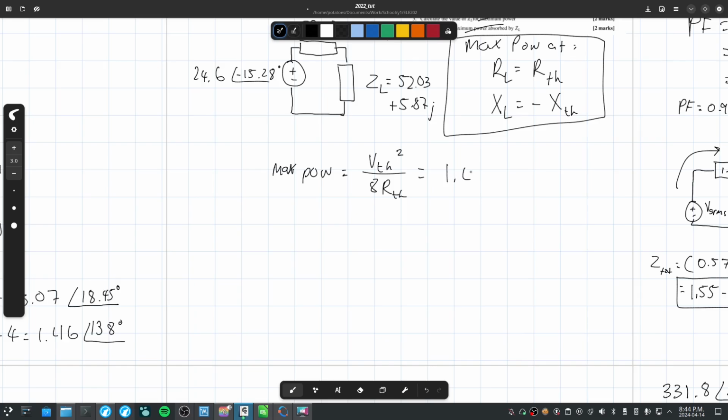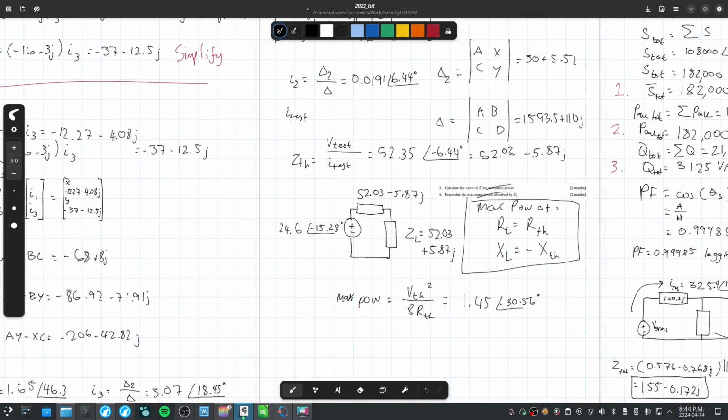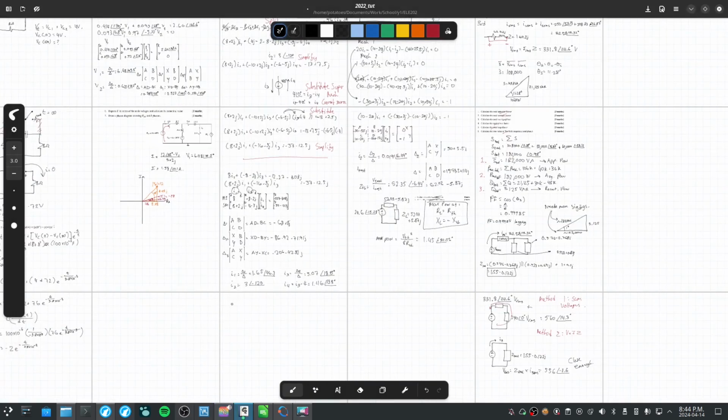If you put that in, you get 1.45 with a phase of negative 30.56. There you go. And that's the answer. I think that is it. Yeah. That's the last question. That's the last question on the last question of this damn test.